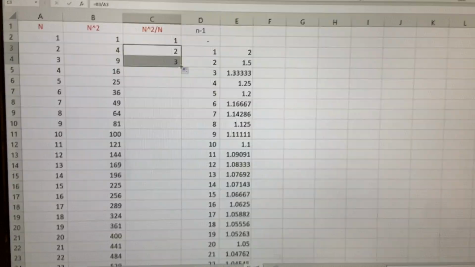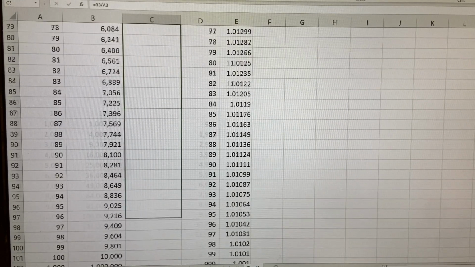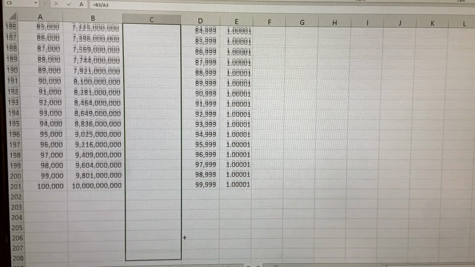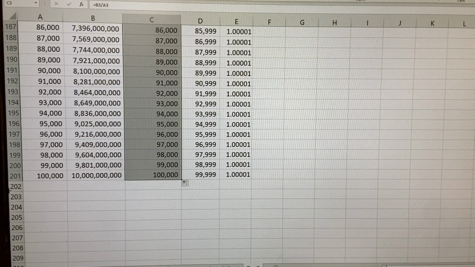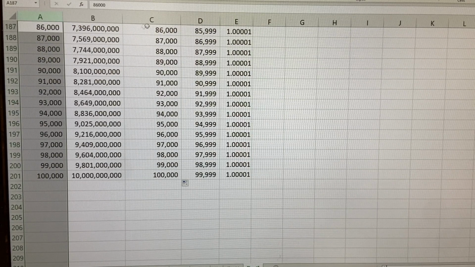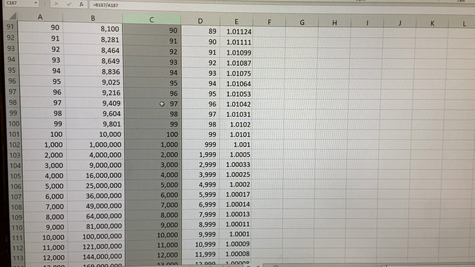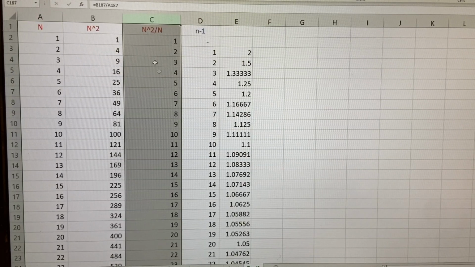We are unsquaring a number, so here all the numbers will be the same as in the column n, the first column here, column A. Alright, so this is how it looks when a square of a number is divided by a number.